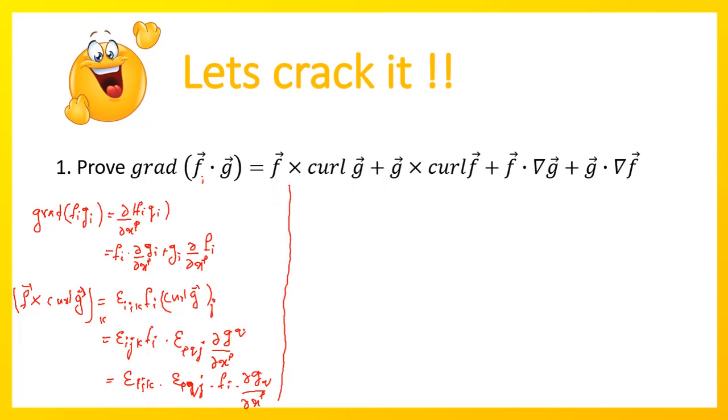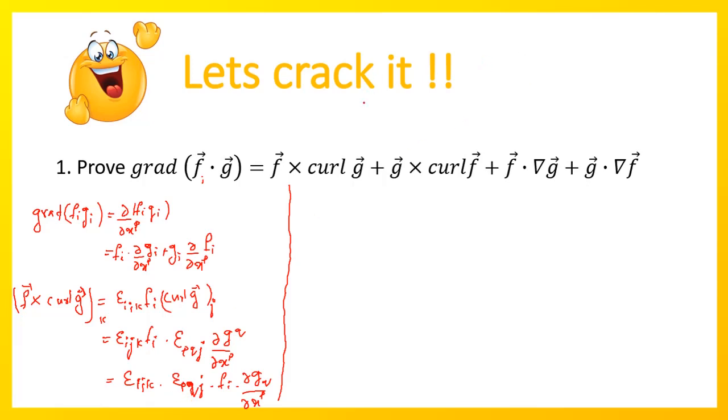Please don't get confused when I lower or upper the index. It is just a matter of matrix notation. Since I haven't actually said whether this vector is covariant or contravariant, you can just change covariant and contravariant by using the metric tensor. So here I have a combination of two Levi-Civita symbols.